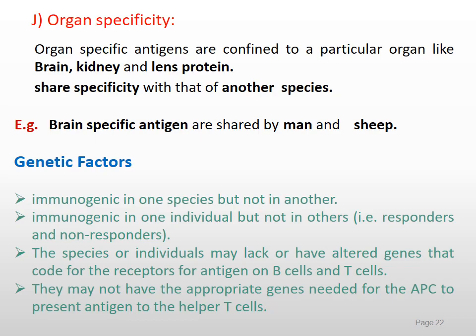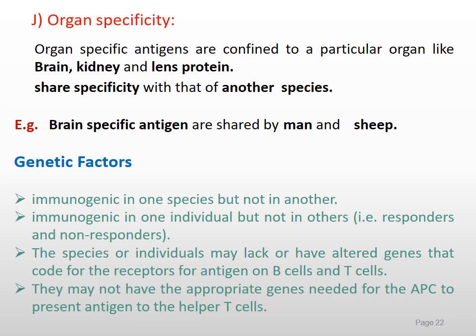Then the next one is organ specificity. What is organ specificity? Some antigens are confined to a particular organ, like some are present in the brain, some in the kidney, some are lens proteins, and so they are very organ specific, but they can be shared in different species.